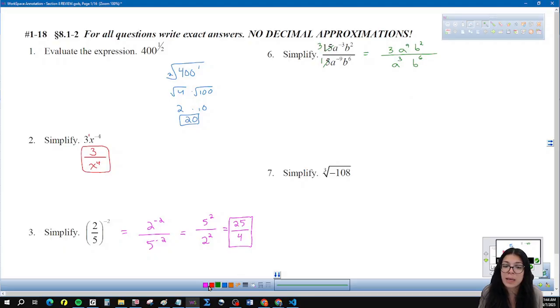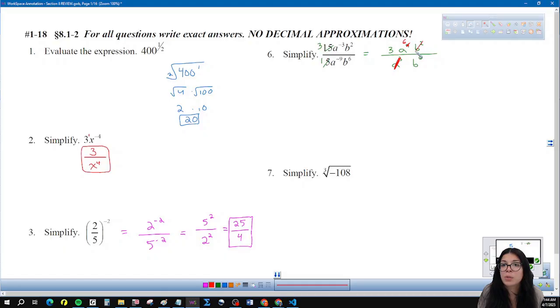The next thing I can do is cancel out common copies. For example, we have 3 copies of a in the denominator. I can cancel that out with 3 copies of a in the numerator, meaning that there are 6 copies in the numerator. Another way to do that is by using the quotient rule, which says that you subtract the powers when you're dividing. So I would do 9 minus 3, which gives me a power of 6. I could do the same thing with b.